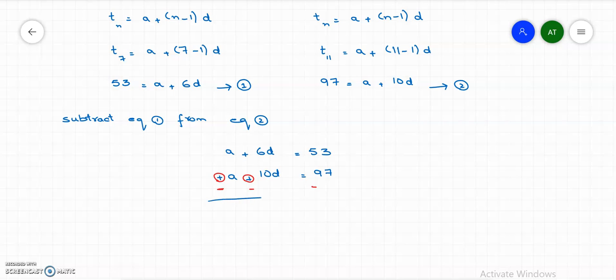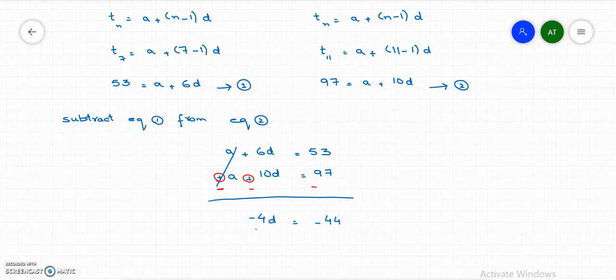Okay, now let me solve them. Positive a and negative a equal 0, and we are left with 6d minus 10d, which equals negative 4d. The other side is 53 subtract 97, which equals negative 44.